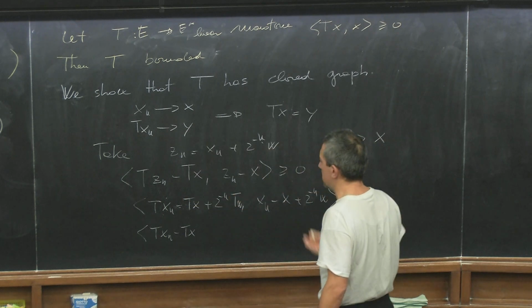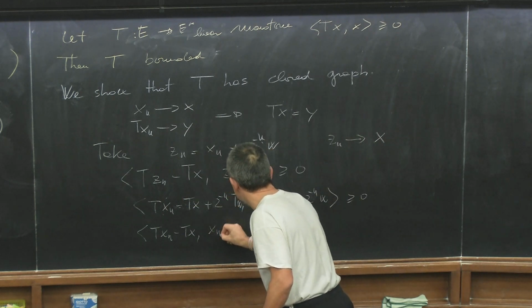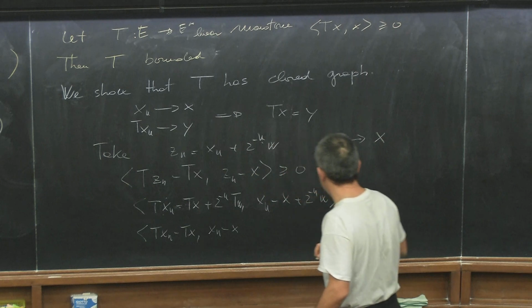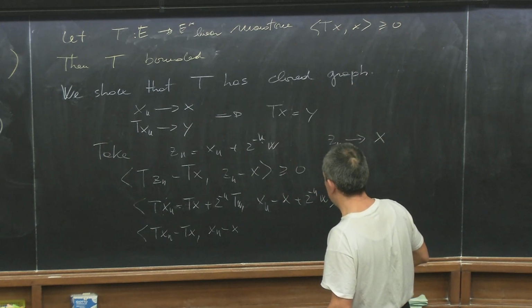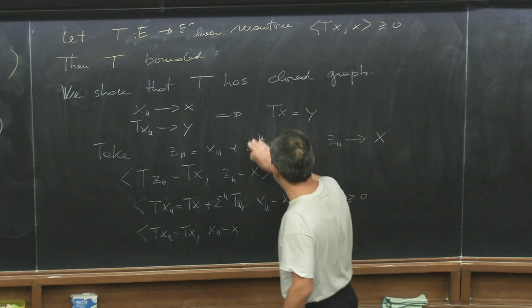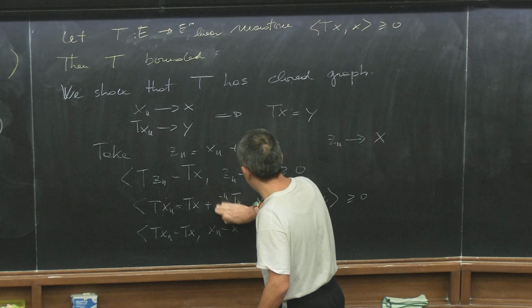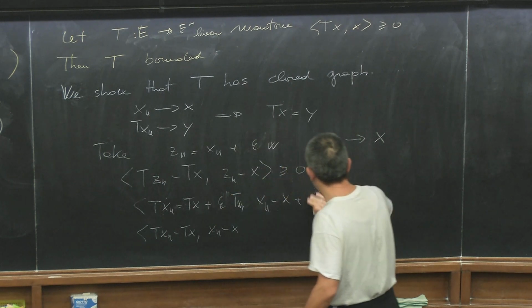I need the points which are interesting, so let me keep epsilon here, because otherwise I have some problem.